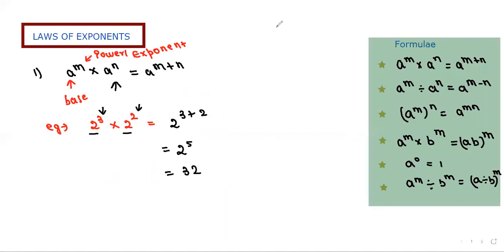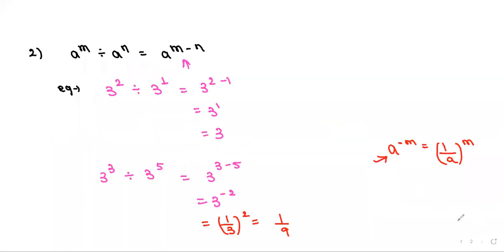Now we have the third property. As you can see, a raised to m raised to n will be equal to a raised to m into n. So this is a raised to m raised to n, which will be equal to a raised to mn. Suppose I am taking a as 2, and m and n are different.